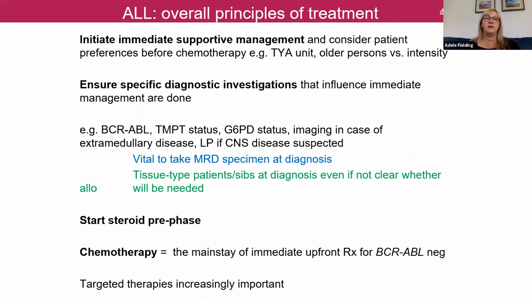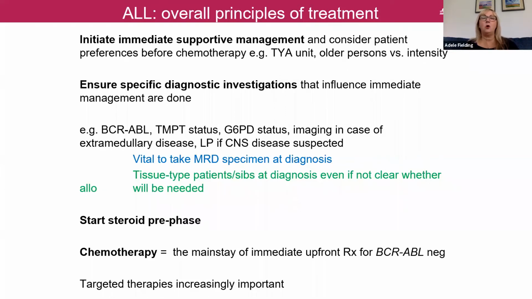One of the big things that we do in the United Kingdom is to make sure that younger individuals have access to specialised units that look after teenagers and young adults. Obviously children are managed in paediatric units, but teenagers and young adults have the right to be referred to a specific teenage and young adult unit, which caters for people of that age, who suffer very particular problems.